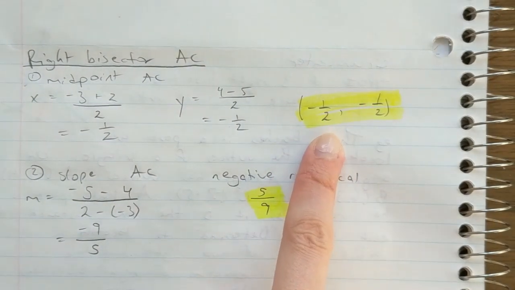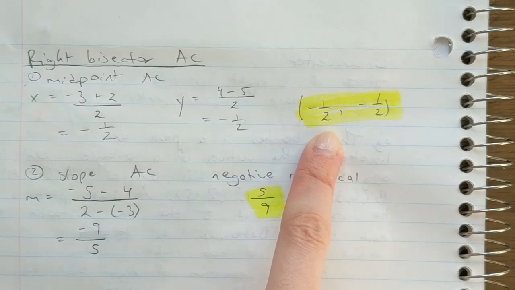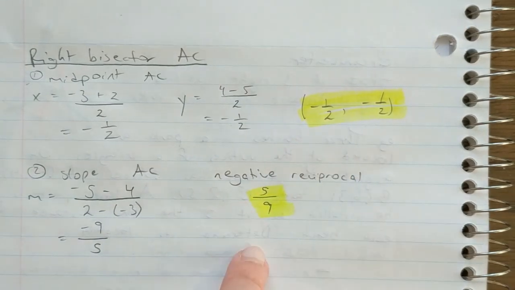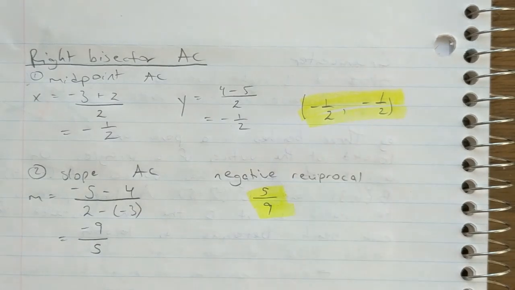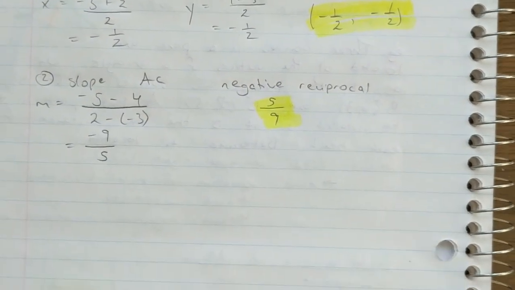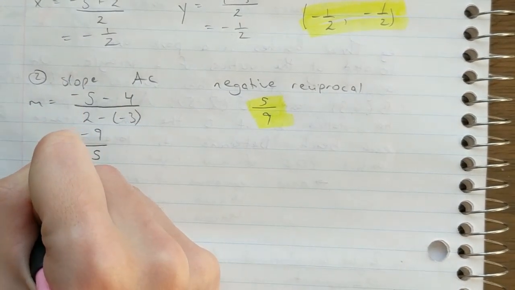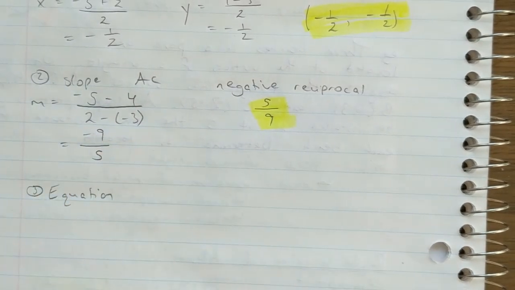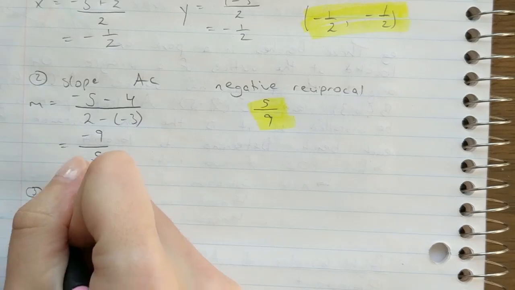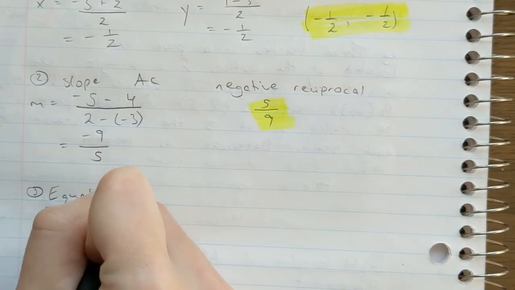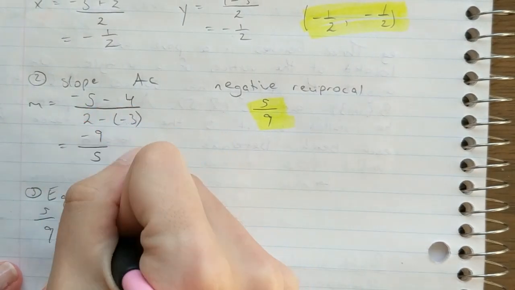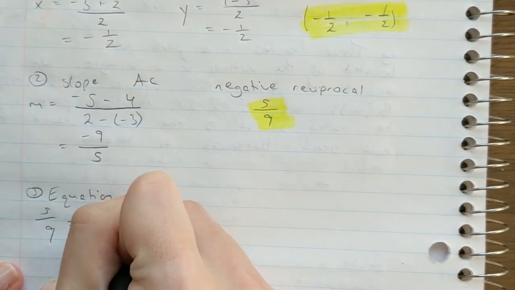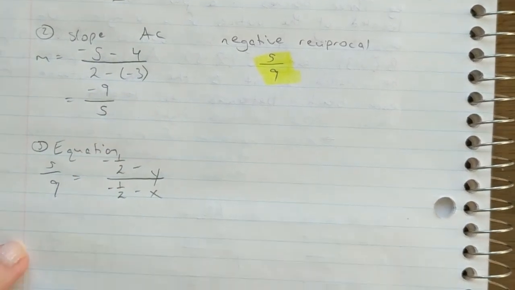The midpoint is negative 1 over 2, negative 1 over 2. And now we just need to find the equation of a line with this slope and that passes through this point. That is going to be our step number 3. Our equation. Once again, I'm going to do it in standard form. 5 over 9 is equal to negative 1 over 2 minus y, over negative 1 over 2 minus x.